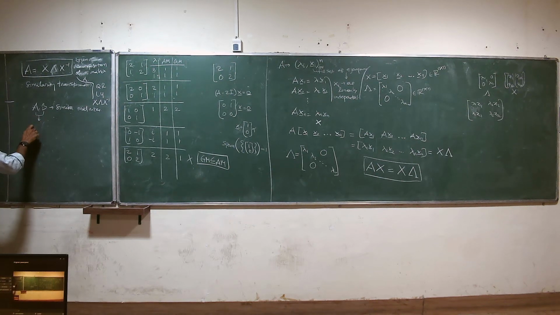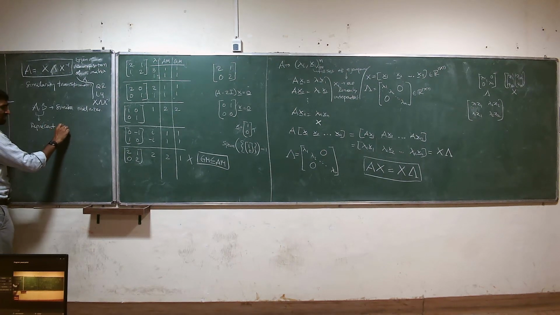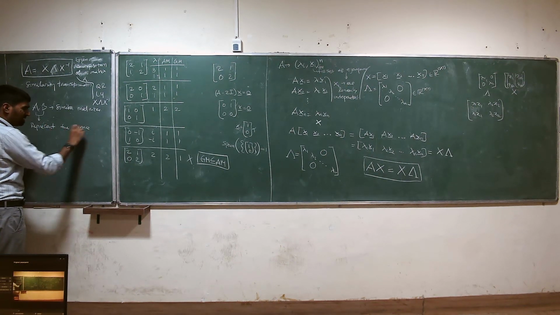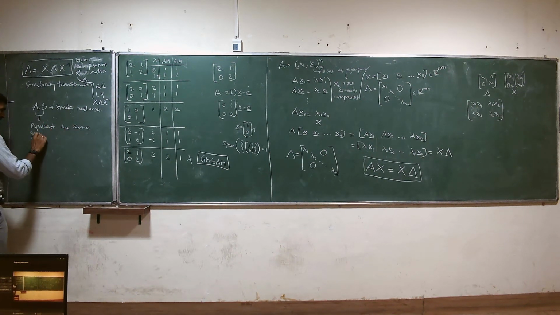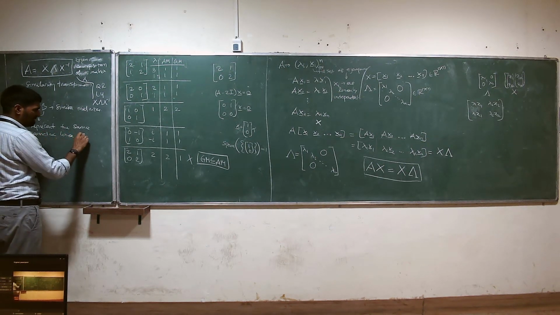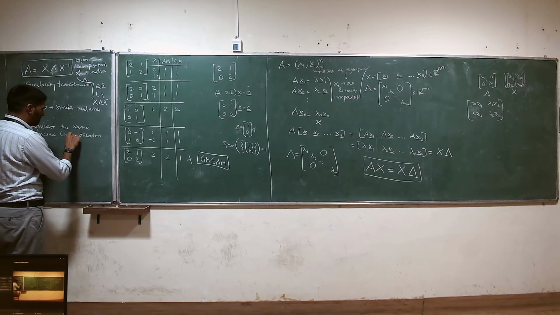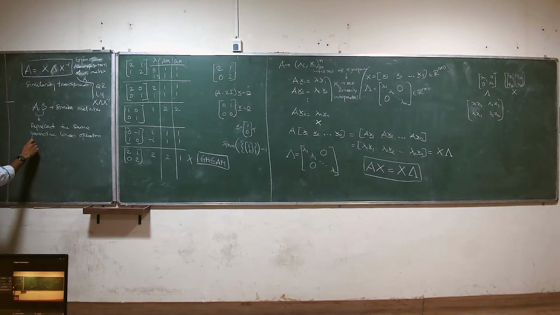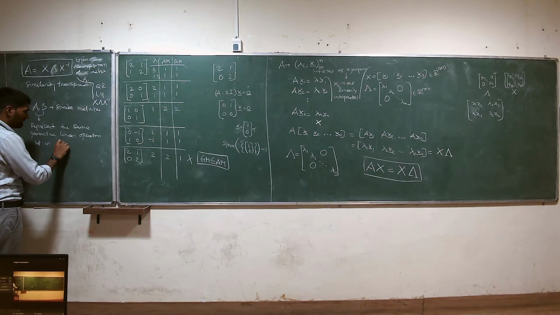Similar matrices simply means that both of them represent the same linear geometric operation, whatever that operation is, but in different bases.